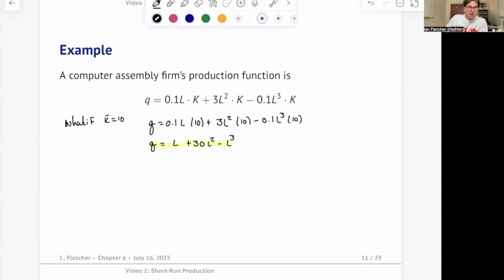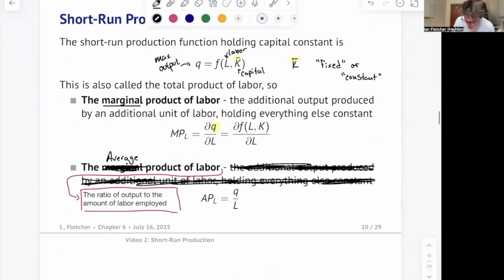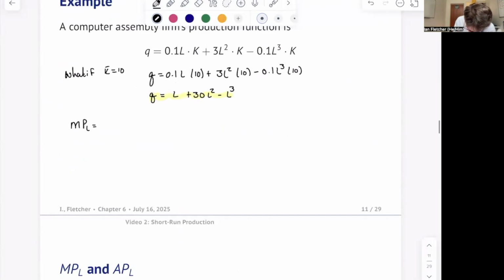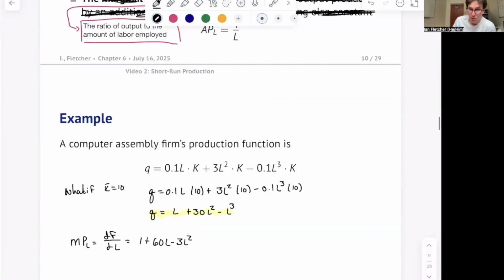So now, given our formula for the marginal product of labor, let's find its average and its marginal product of labor. So our MPL, if we recall, is the partial of F with respect to L. And so this would be 1 plus 60L minus 3L squared would be our marginal product of labor.